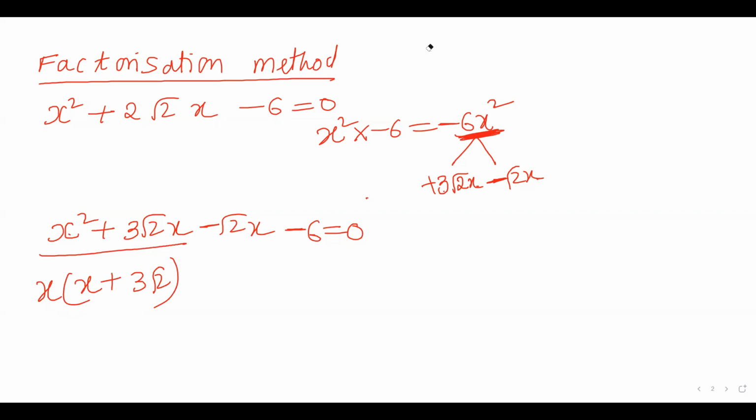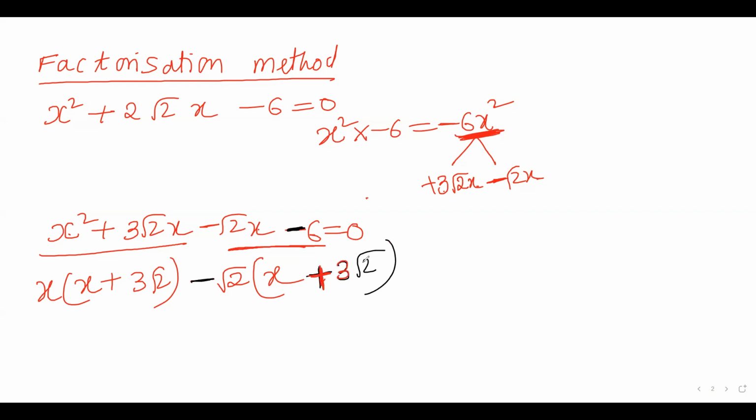Similarly, take common from the next two terms. Here, the common can be minus root 2. On taking minus root 2 common, x will remain. As I have taken minus as common, this minus will become plus. So what else will remain on taking root 2? 3 root 2 will remain.